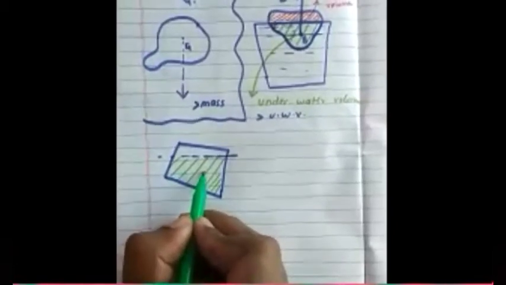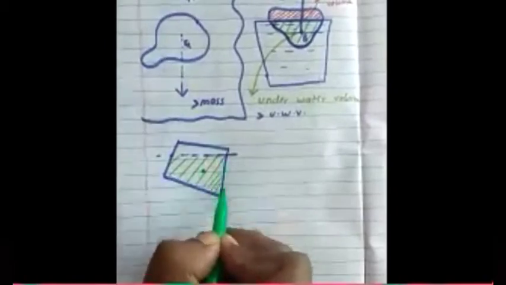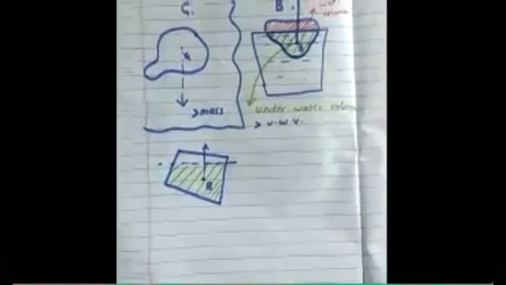It will be mostly towards the right side, because if you see the figure properly, I have more underwater volume on the right side. The center of buoyancy is over here, acting vertically through this point. Very simple. Wherever I have more underwater volume, the center of buoyancy will be towards that point.